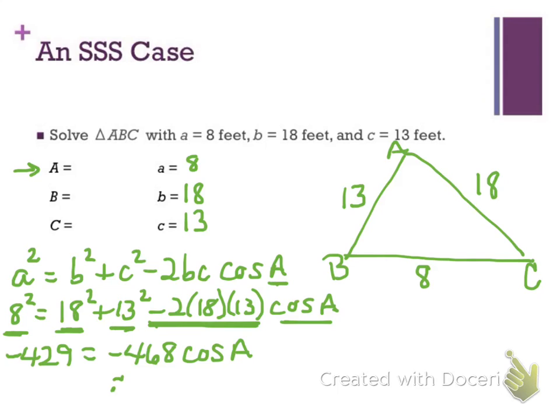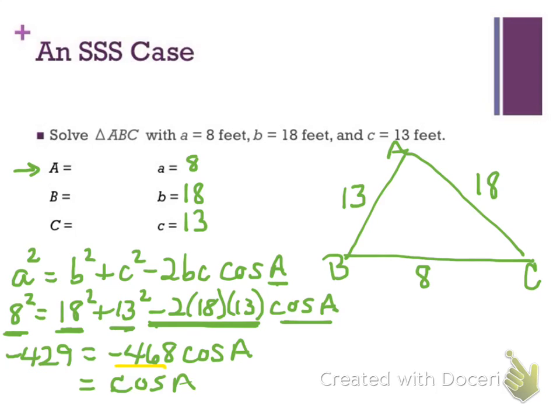Now, in order to isolate cosine A, we actually need to divide both sides by the negative 468. So we're going to divide this side by negative 468, okay? Because it's being multiplied to the cosine. It's not being added or subtracted to it. It's being multiplied to the cosine of A, so we have to divide it to move it over, okay?